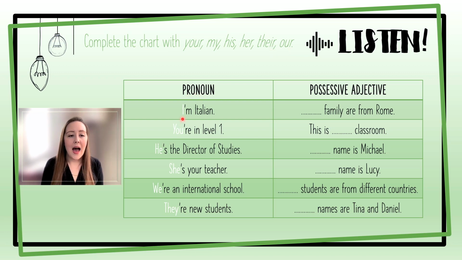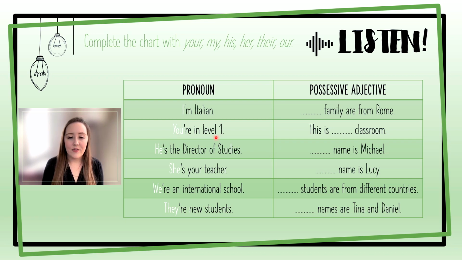Pronoun. I'm Italian. Possessive adjective. My family are from Rome. Did you write it down? Good job. Let's do the next one. Pronoun.